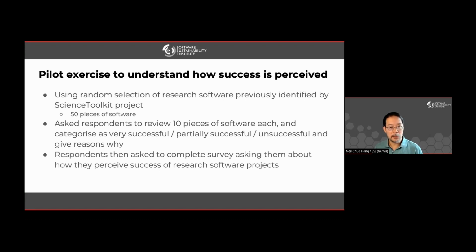We did this by looking at a selection of different pieces of research software that had been identified by another project, and asked respondents to categorize what they felt was successful versus unsuccessful software, and give reasons for why they felt it was successful.